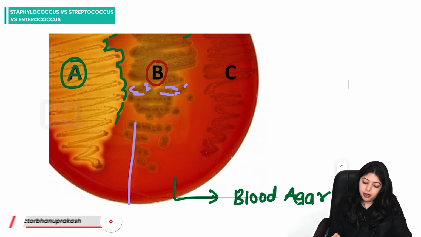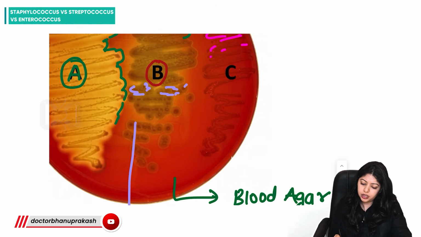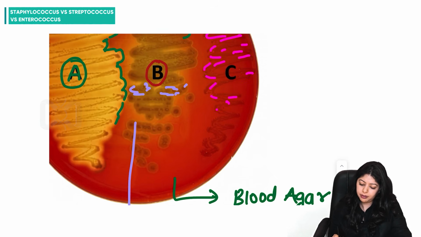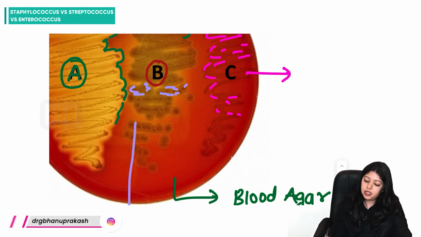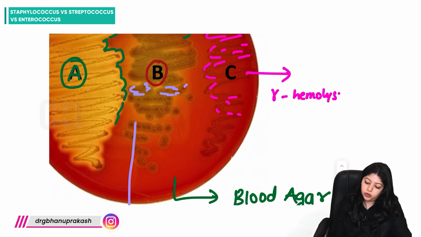And in the third part, we do not appreciate any kind of hemolysis around the colonies. No clearing, whether partial or complete, is seen around the colonies. So this is gamma hemolysis, or no hemolysis at all.